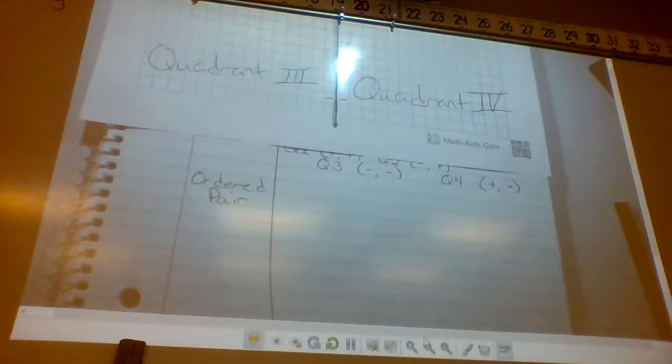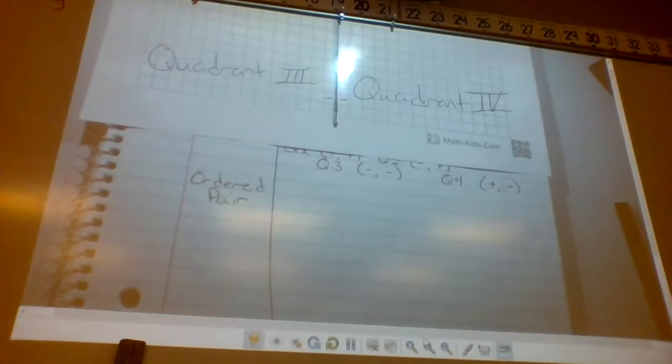Then we're going to talk about these ordered pairs. I've been showing you several of them. You guys should already know these. What do ordered pairs always have around them? Parentheses. Ordered pairs always have parentheses because they are the sets of x and y coordinates.